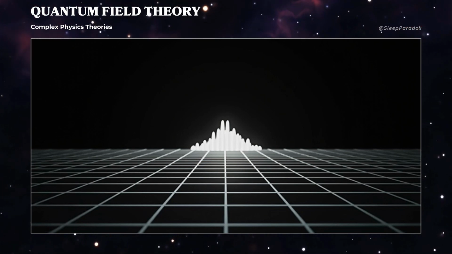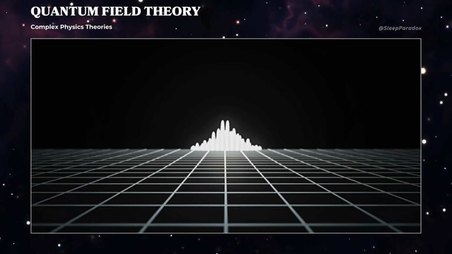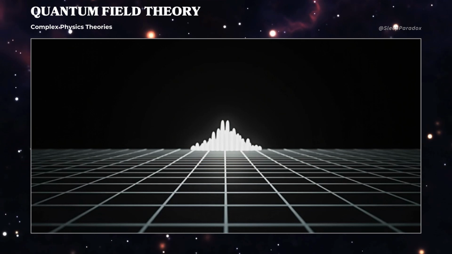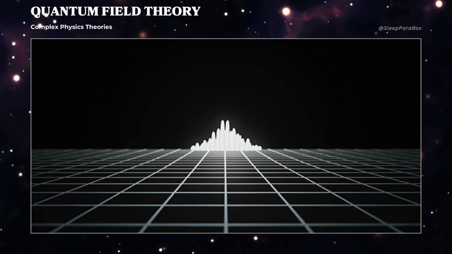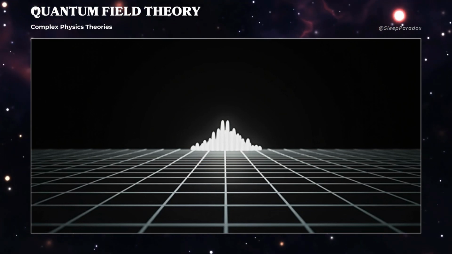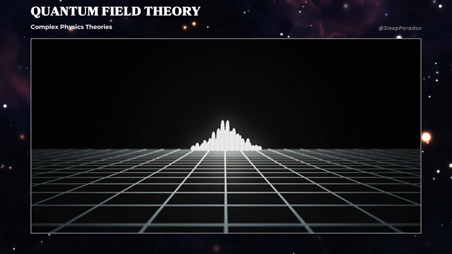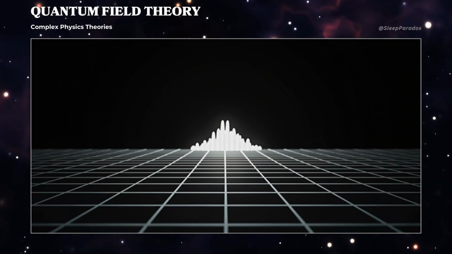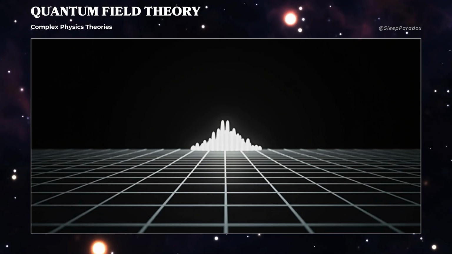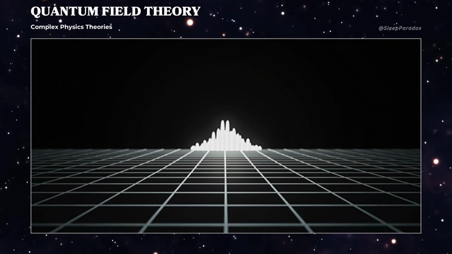The same is true for other forces. The strong nuclear force is carried by gluons, which are associated with the gluon field. The weak nuclear force is carried by the W and Z bosons, and the Higgs boson is the ripple in the Higgs field, which gives mass to other particles through its interaction with them.